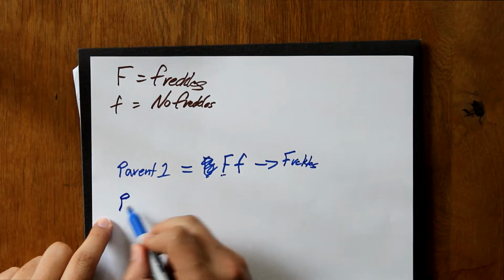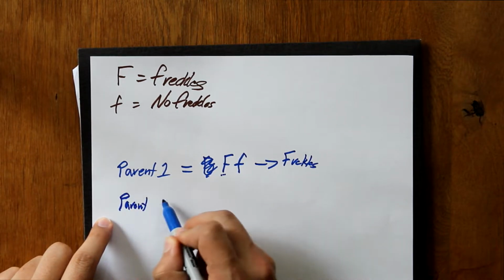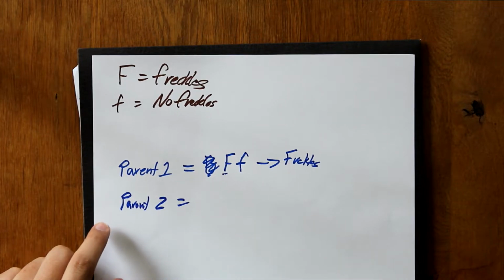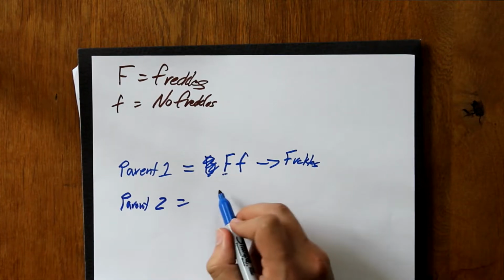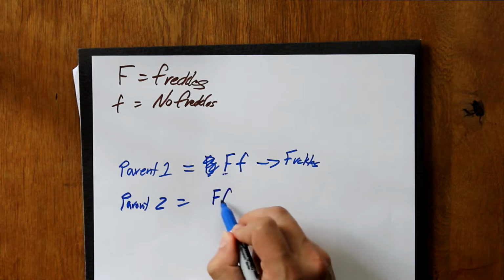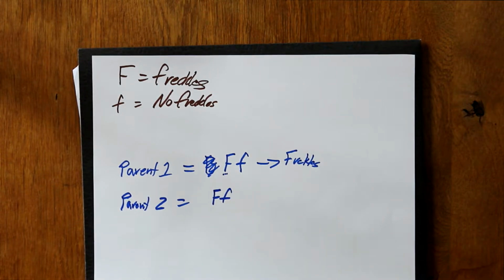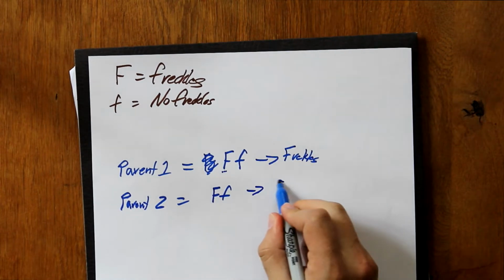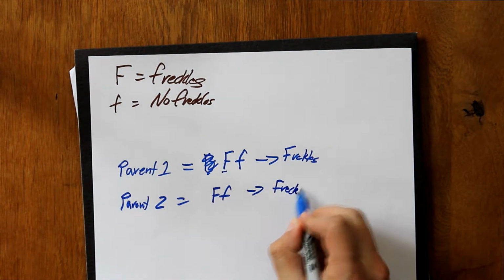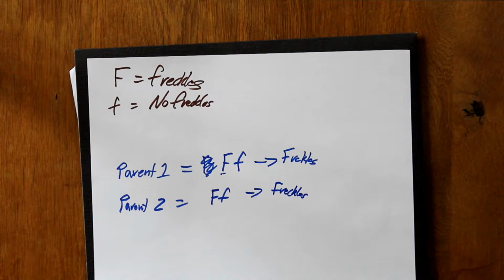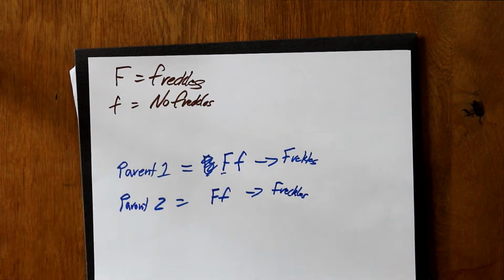And we'll say parent 2 is big F, little f. Again, so these are two what parents? These are two heterozygous parents. Both have freckles. But both these parents are something we call a carrier. Why would they be called a carrier? Because they technically carry the no freckle gene. They don't express the no freckle gene, but they do carry it.